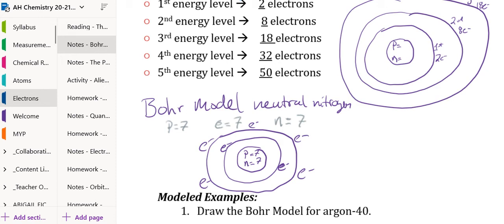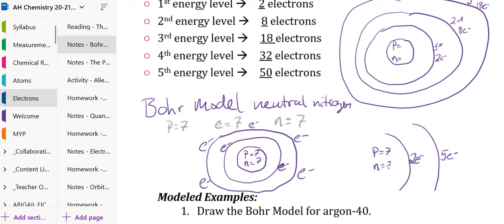Another way you can draw these, if you prefer, is neutrons in the nucleus. And then you can just draw particles and write 2 electrons here and 5 electrons. I forgot the 2. 2 electrons here.